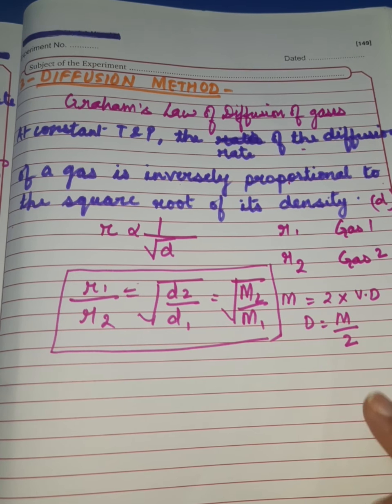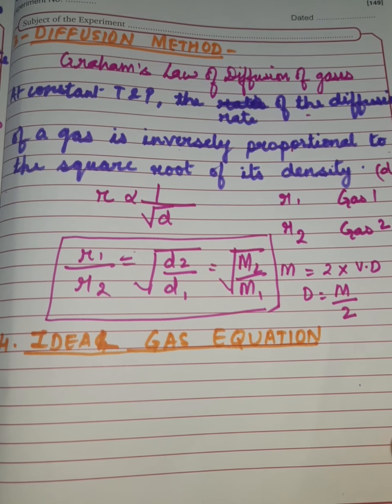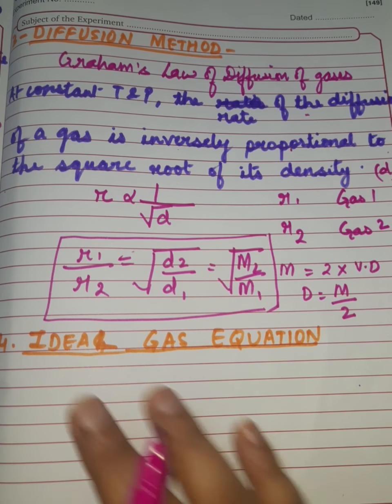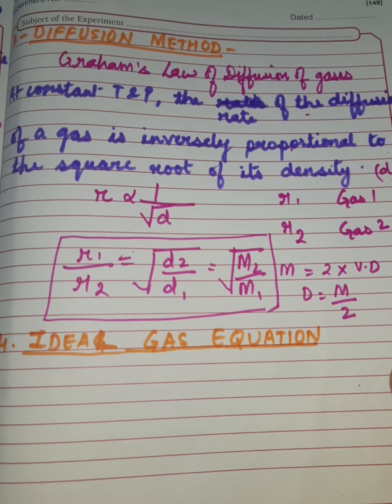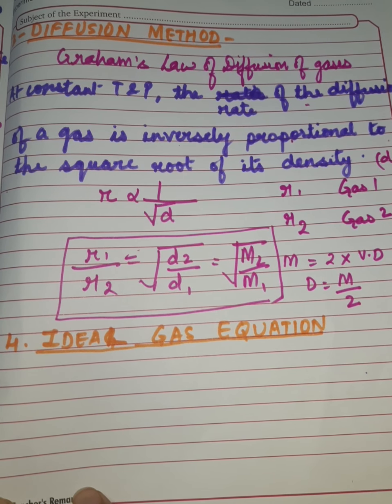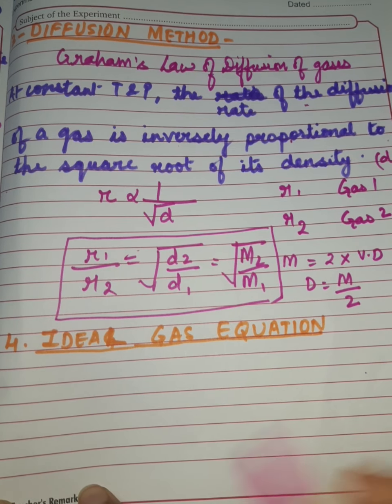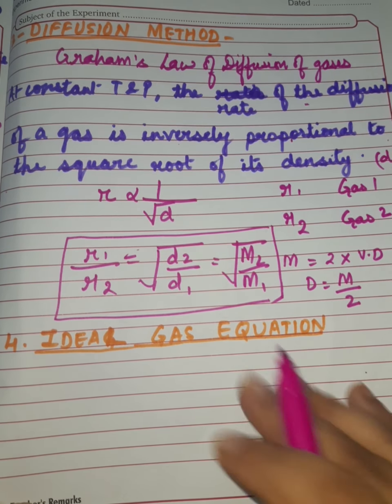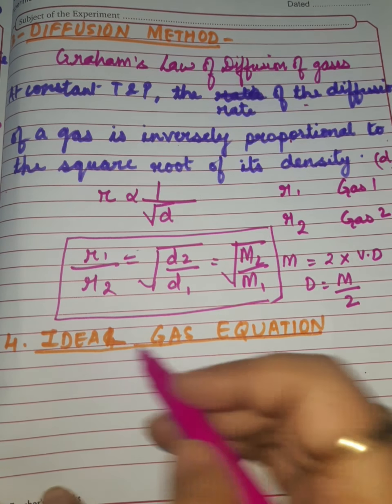Now it's time for the next method. The fourth and the last method is the ideal gas equation. See, dear students, you have studied Boyle's and Charles' law. So let's quickly revise those two laws related to the gaseous state.